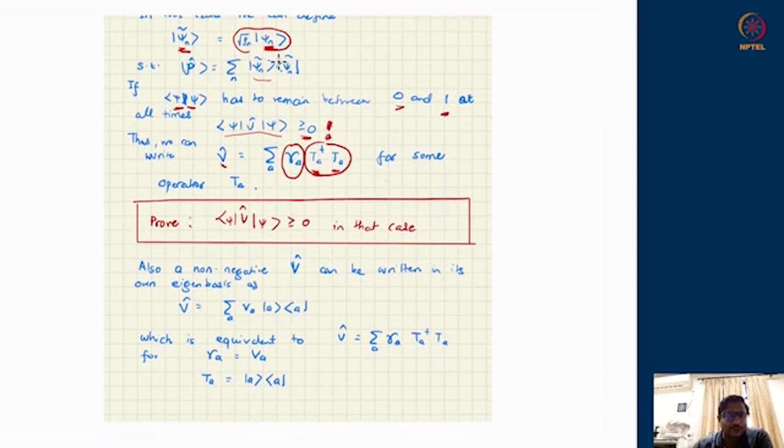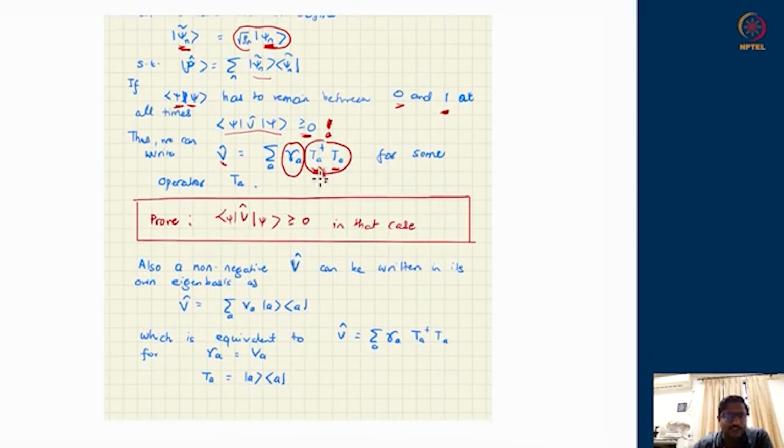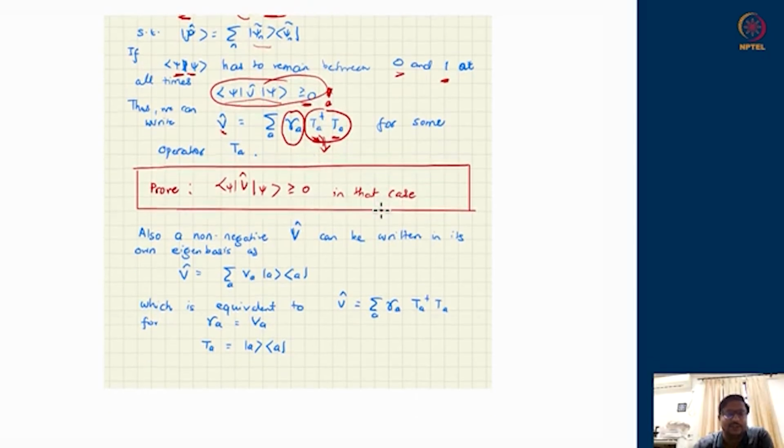From here, it is easy to prove that if I have written it in this particular format, we automatically satisfy the condition which we wanted for probability to remain between 0 and 1. At least the inner product as the definition of probability, that logic would be respected as long as V is positive semi-definite, and this is a good description of that.